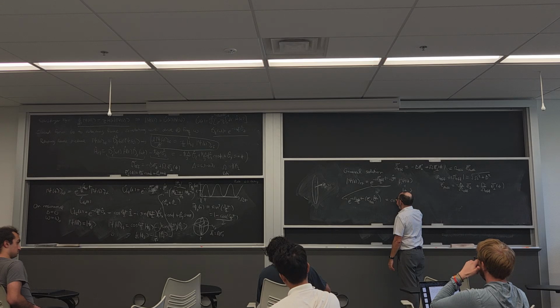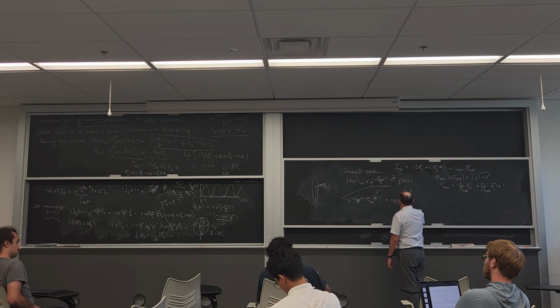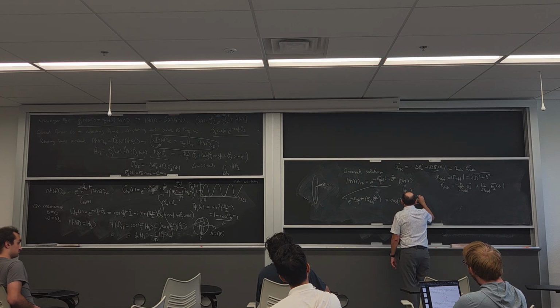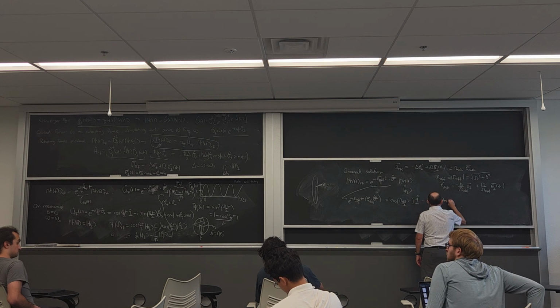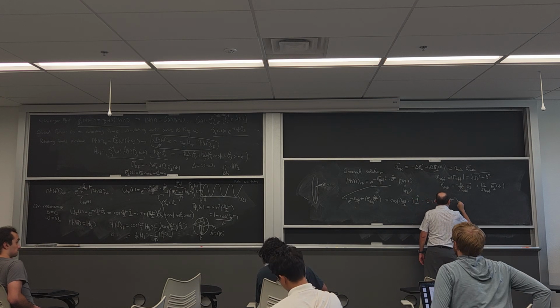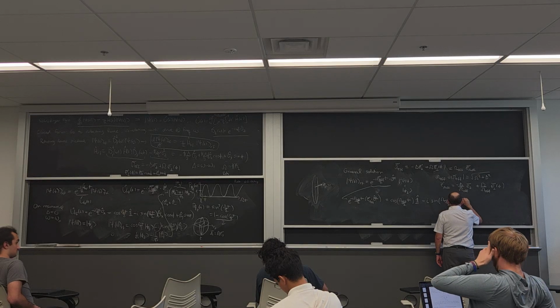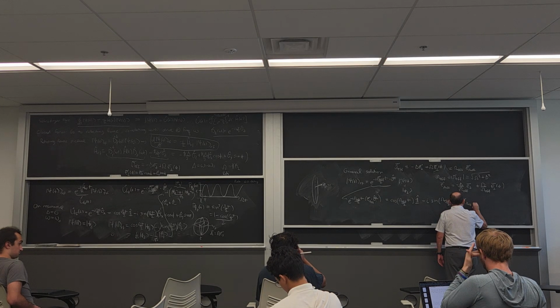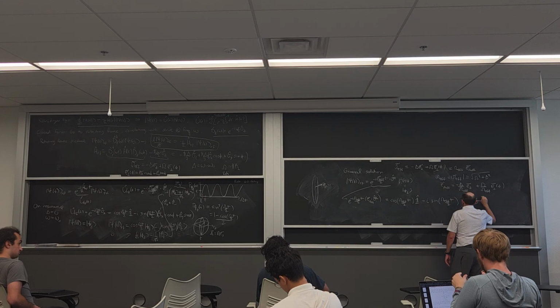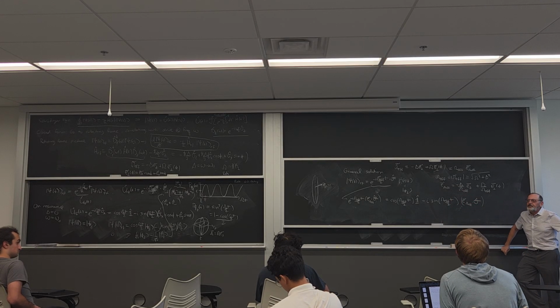This is cosine of that angle over 2 times the identity minus i sine of that angle over 2 times the Pauli in that direction. Is that clear?